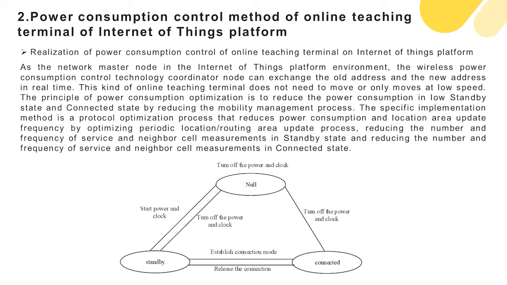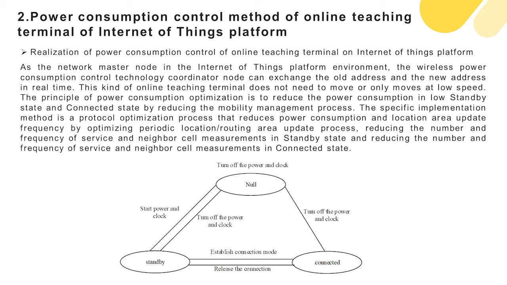The principle of power conservation optimization is to reduce the power consumption in low standby state and connected state by reducing the mobility management process.